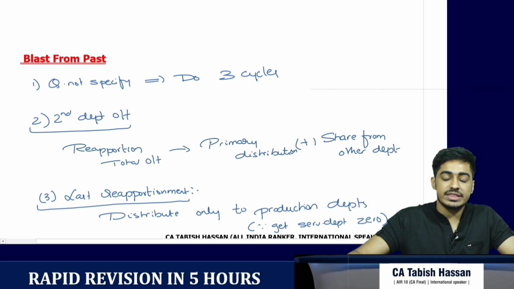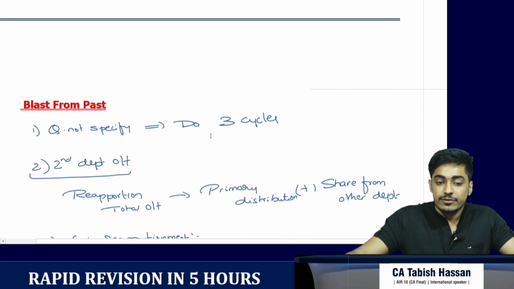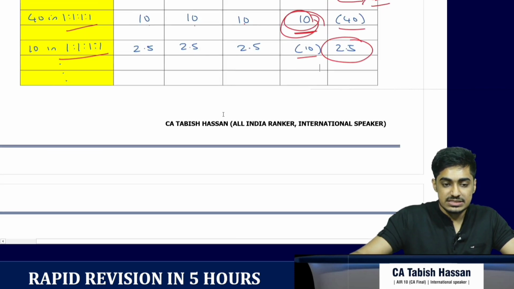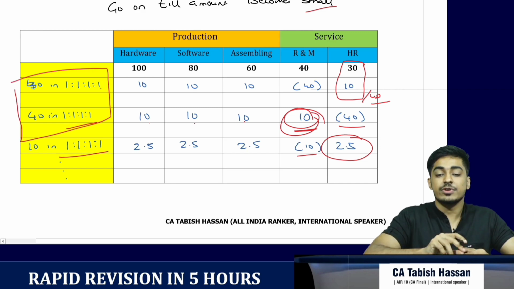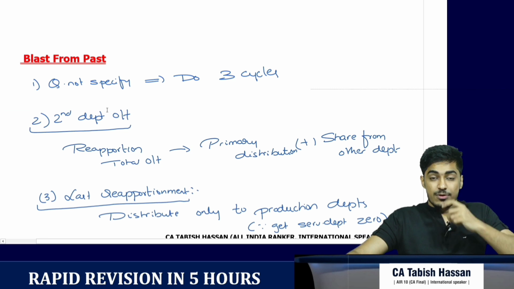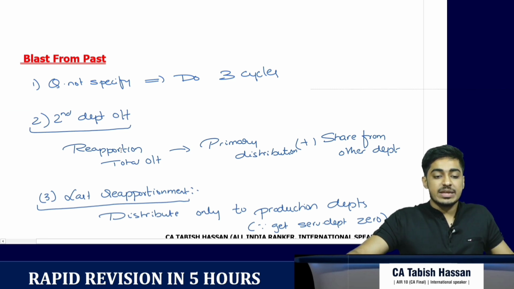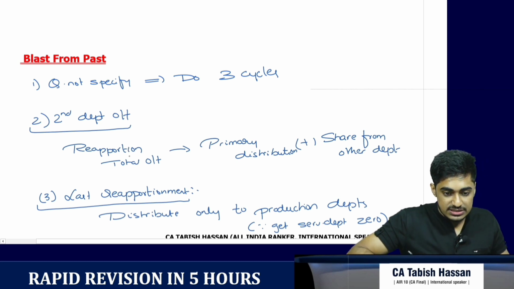Okay. Important things. If the question does not specify till when we need to keep doing it, we need to do it for 3 cycles. That is, this and this together is called 1 cycle. Similarly, for 3 cycles we have to do. And next, when we are reapportioning cost of the second department, we have to reapportion the total overheads.